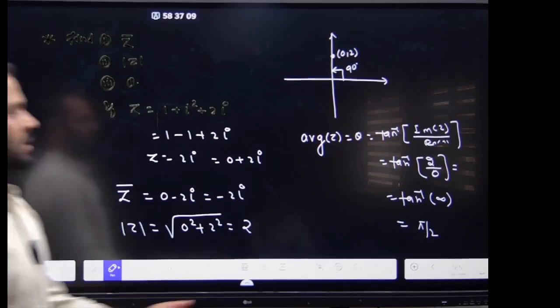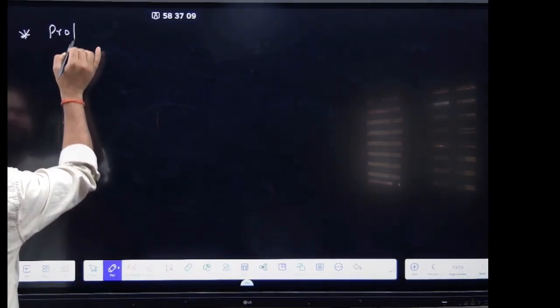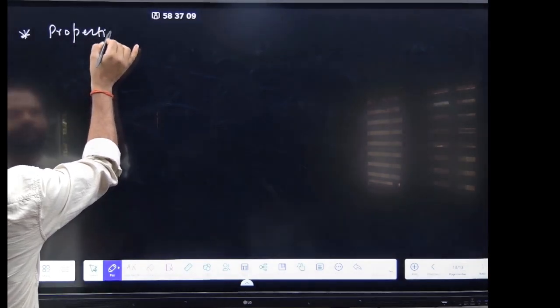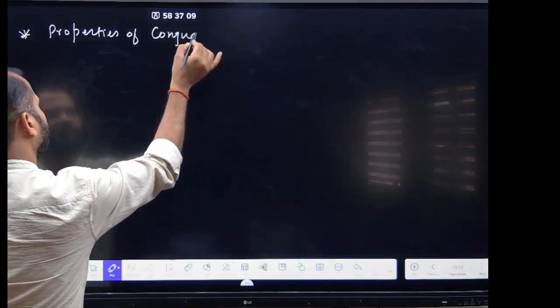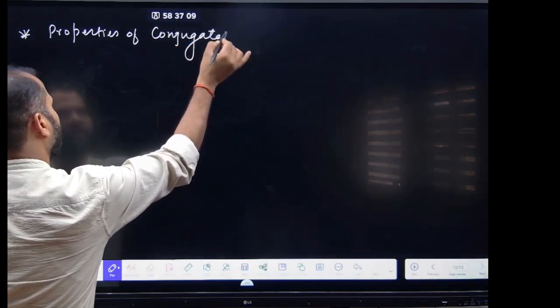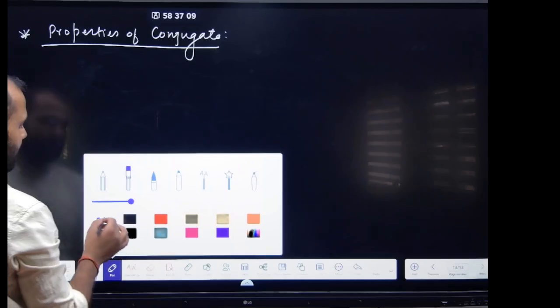Write down properties of conjugate. So, now here I will be writing those properties. What are those properties? So, here I am writing one by one.